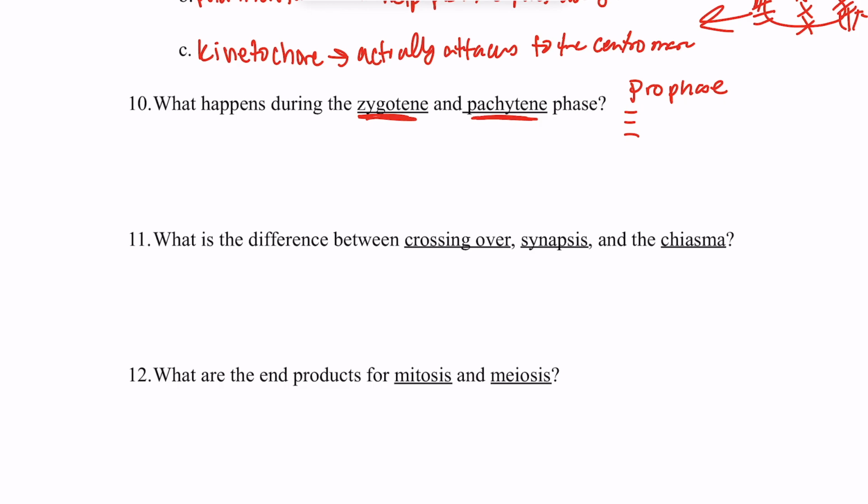So the first one that we're going to talk about, there's a whole bunch of them. You only need to know zygotene and pachytene. Sorry about that. So zygotene is going to be where the synaptonemal complex forms and synapsis occurs.